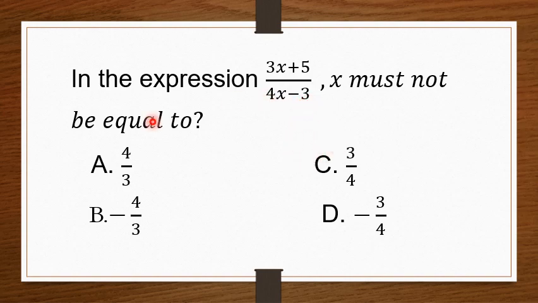So 3 over 4, where is it? Oh, this is letter C. So x must not be equal to 3 over 4. Why? Because when we substitute 3 over 4 here and simplify, the denominator becomes 0, so it's not permissible in a rational algebraic expression.